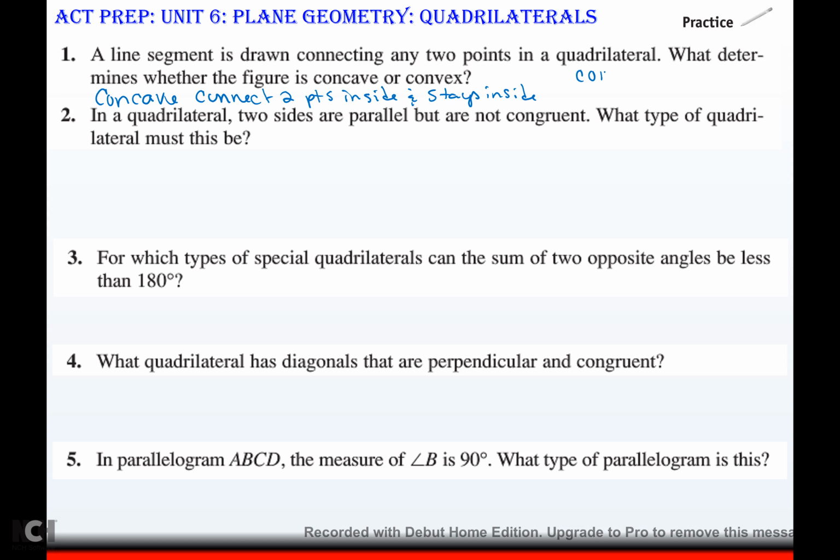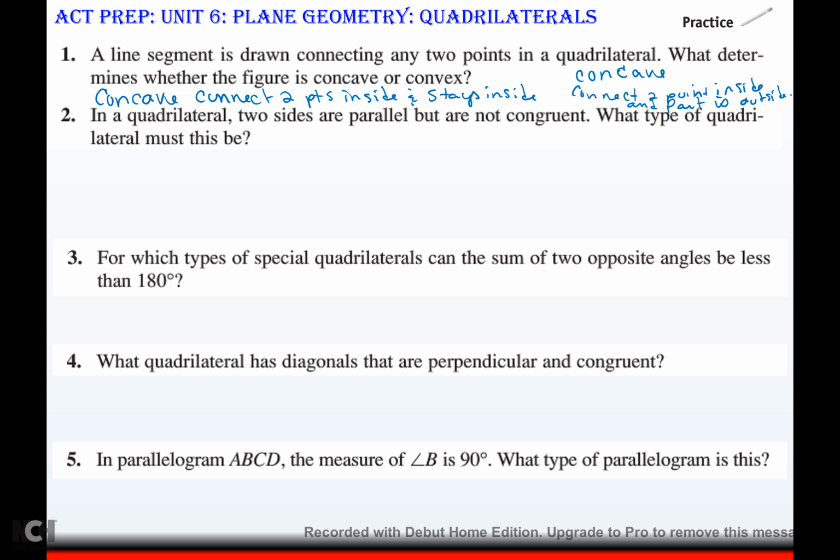It is concave when you connect 2 points inside and a section or part of that line is outside.